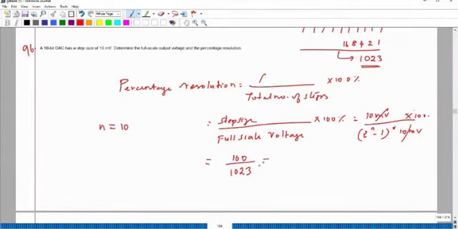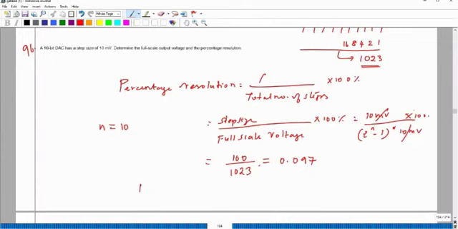So what is the answer? What is 100 divided by 1023? It is 0.097.